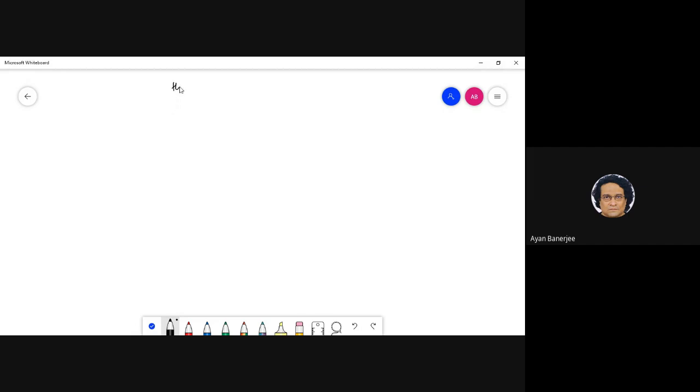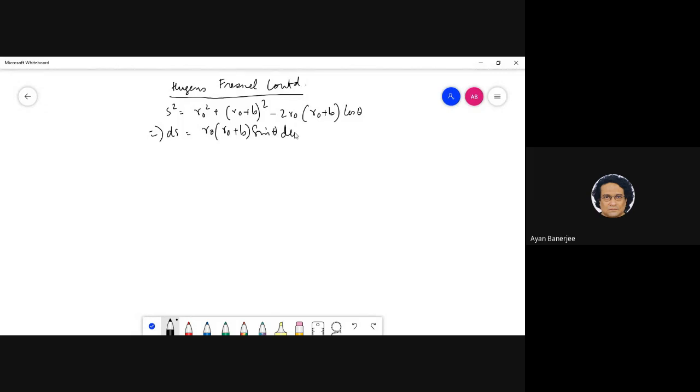So Huygens, Fresnel continued. Let me write down again. We had s square equal to r0 square plus (r0 plus b) whole square minus 2 r0 (r0 plus b) cos theta. From there we wrote s ds is r0 (r0 plus b) sine theta d theta.